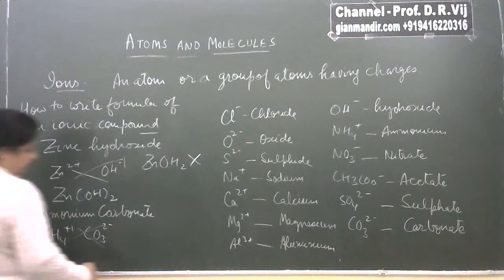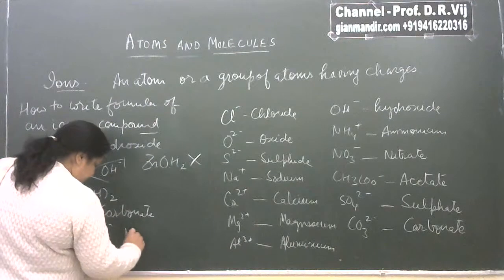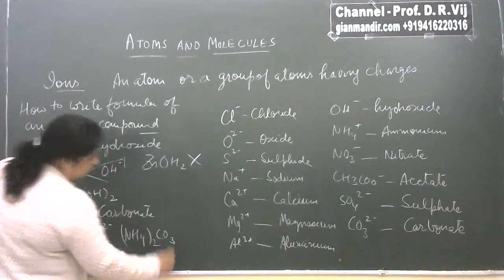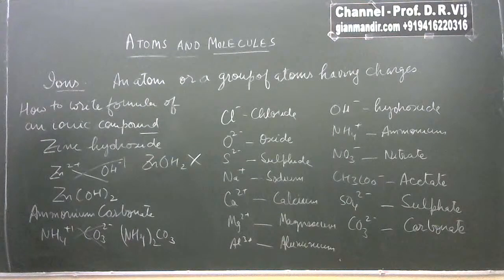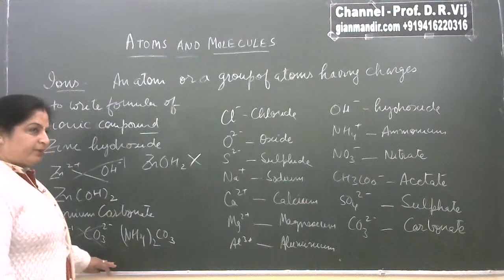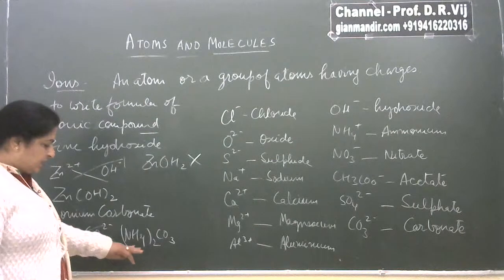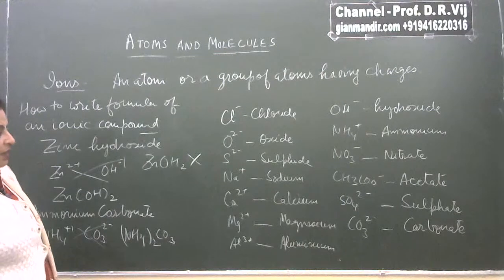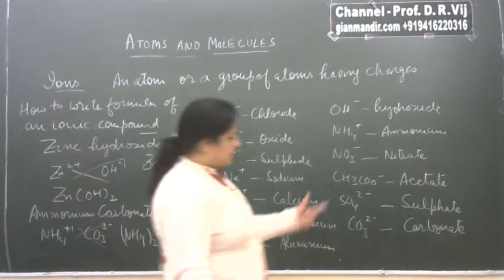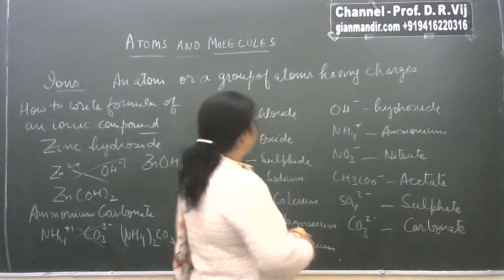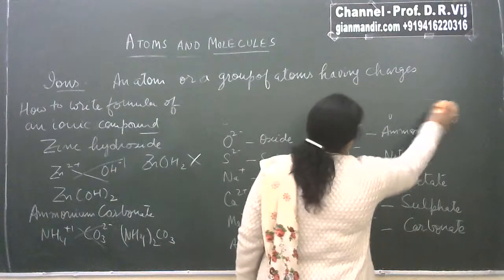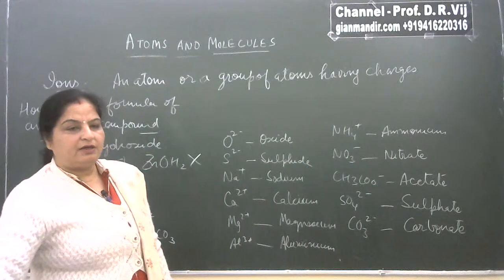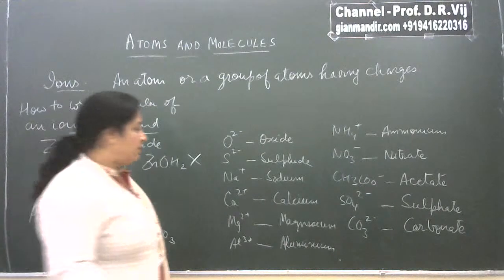Again, by cross multiplying, the formula becomes (NH4)2CO3. Here remember one thing: as I told you, cation must be written first, followed by anion. But if your compound has the acetate ion, then the order reverses. In that case, the cation is written after the symbol of the anion.